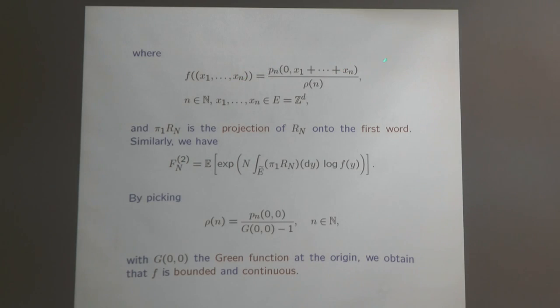So this is a function that for every word of every length and every content will express my function in terms of the transition kernel over n steps of my random walk, plus the rho that I've chosen.